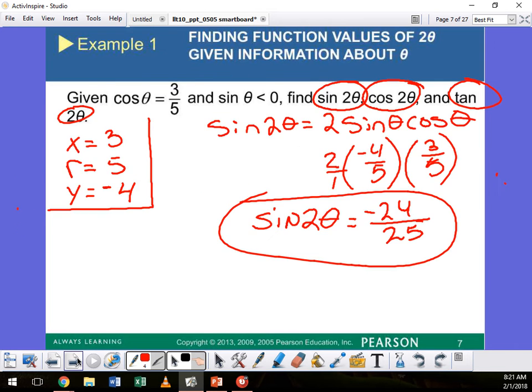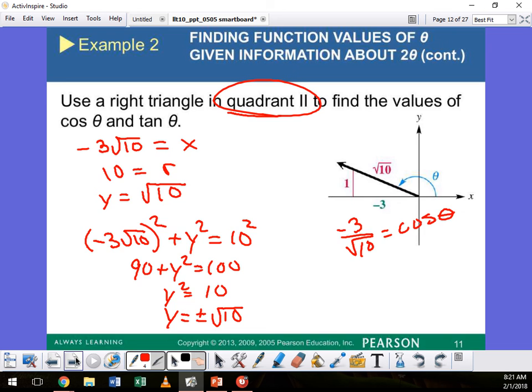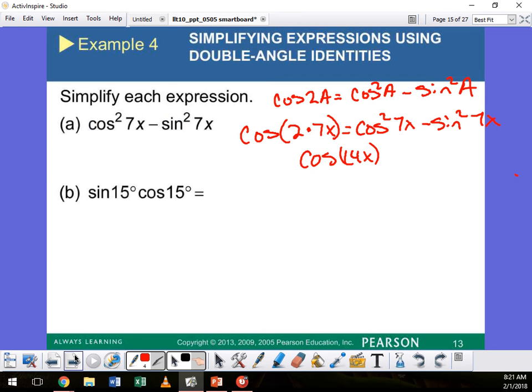But I have to do a little finagling to make it work. So the formula was, what is it? It was sine 2a, right? Okay. Equals 2 sine a cosine a. Now, it's not there, right?